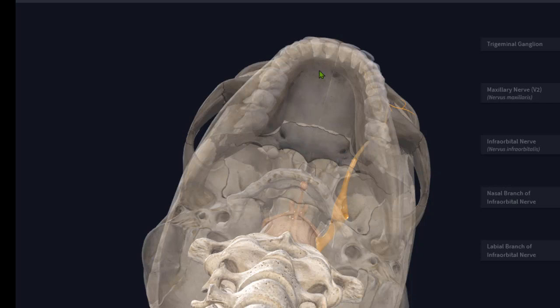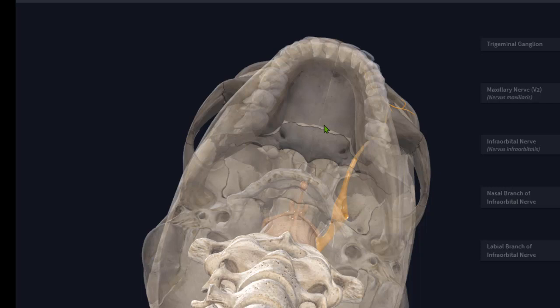So this is the palatine process of the maxilla and this is your palatine bone, two palatine bones over here. They are adjacent, they fuse together with the maxilla, and sometimes it articulates with the orbital surface and sometimes with the lateral pterygoid plate of the sphenoid bone also.